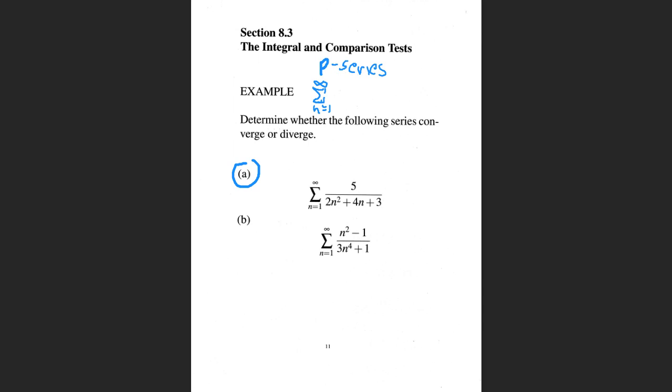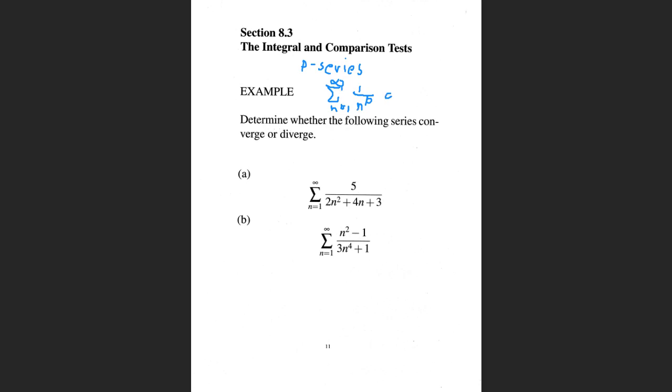I like having a little space. A P series is a series where n goes from 1 to infinity of 1 divided by n to the pth power. That's called a P series.